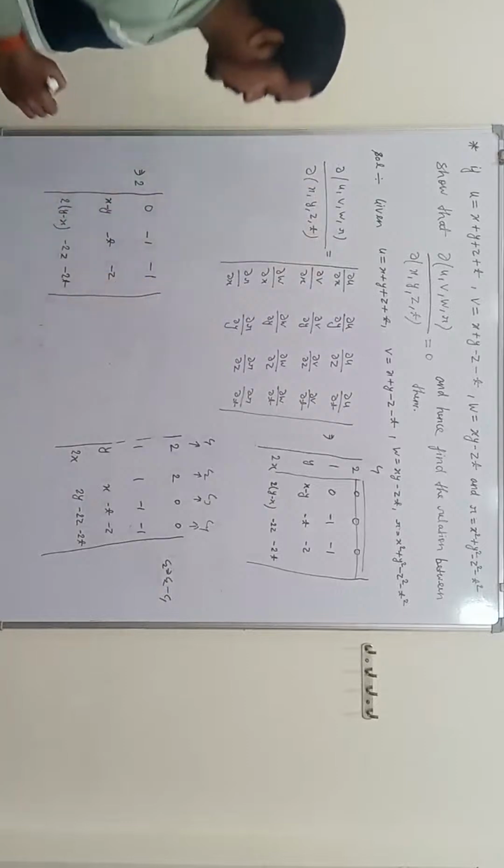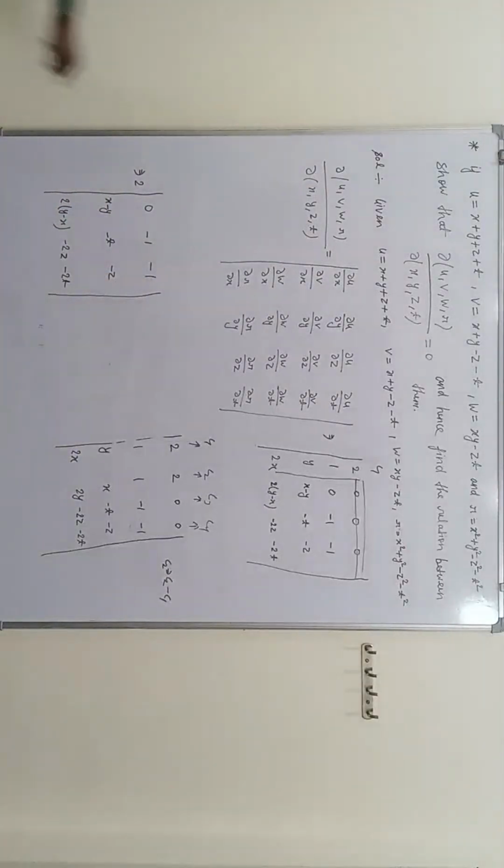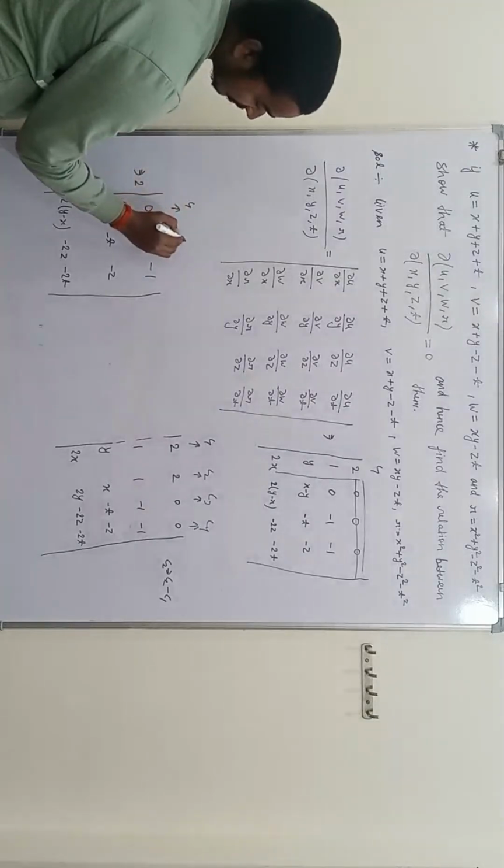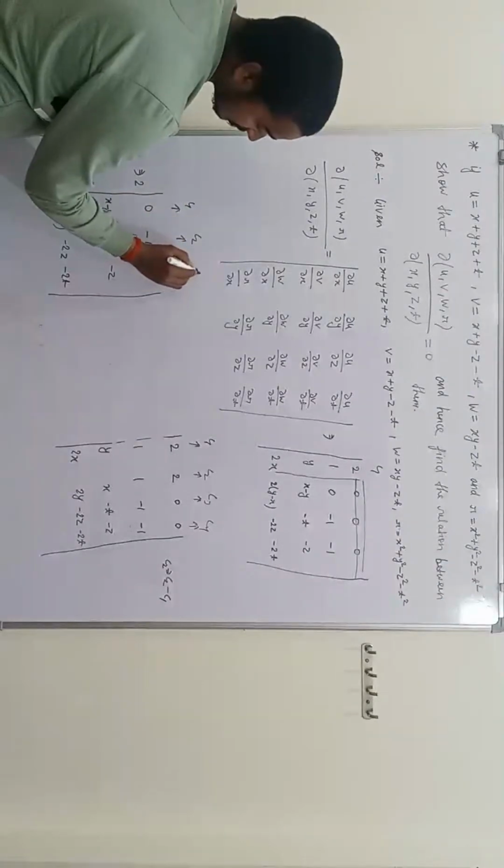Further we have to solve this determinant on taking operation, that is minus of 1 and minus of 1, once again, this is C1 and this is C2 and this is C3.